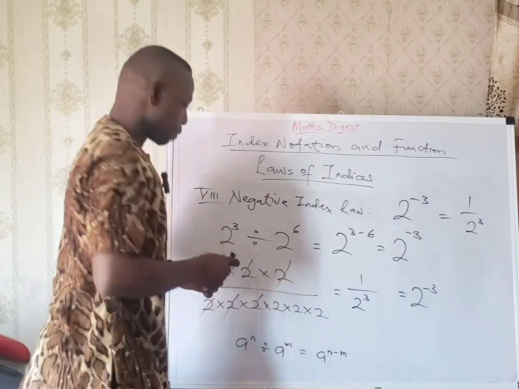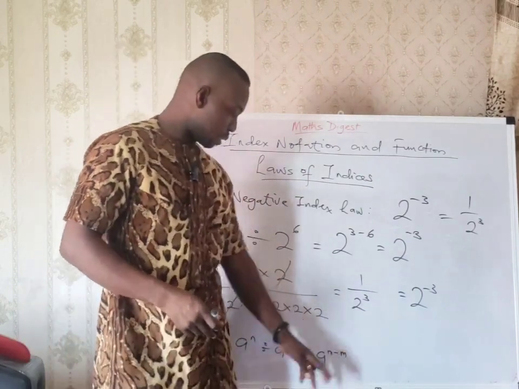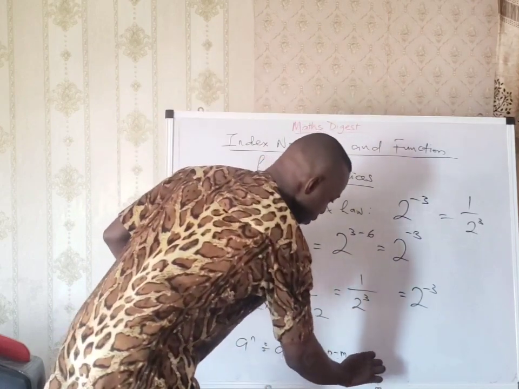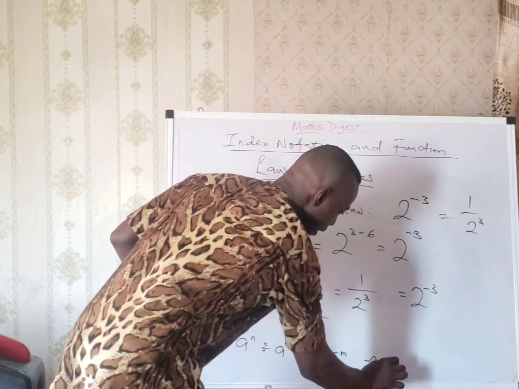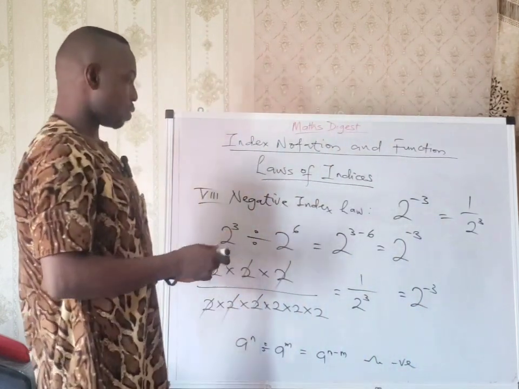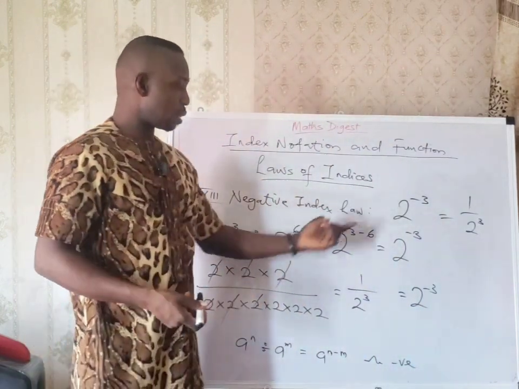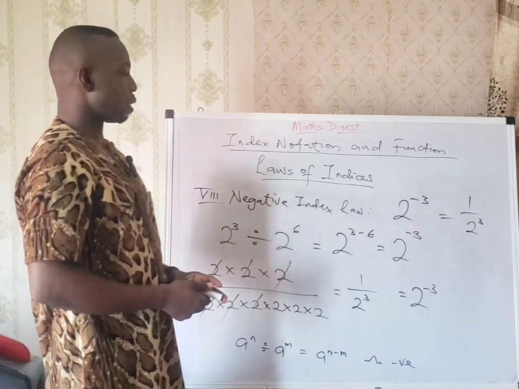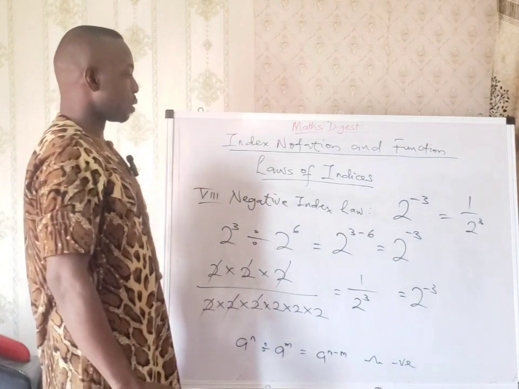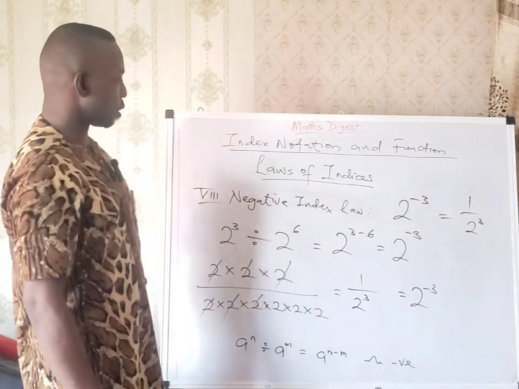Now, if m is bigger than n, your answer will arrive at a negative sign, and with this you can treat it with the negative index law. All right, now at this point we are done with the law of indices.